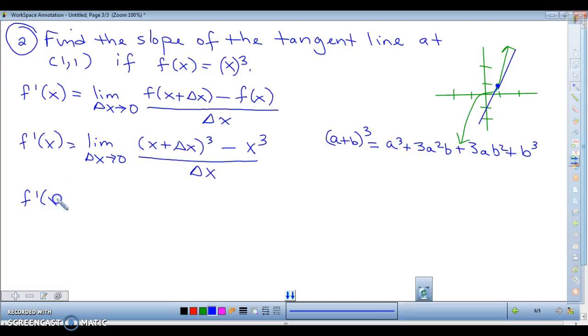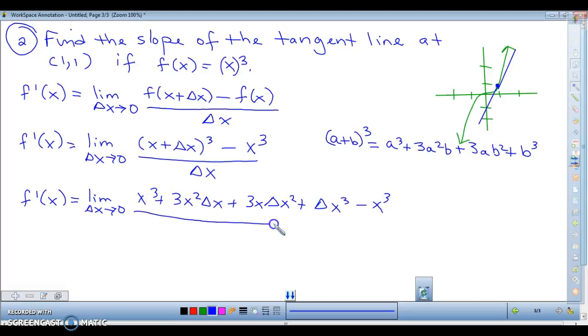So f prime of x is equal to the limit as delta x approaches 0 of x cubed plus 3x squared times delta x plus 3x delta x squared plus delta x cubed minus x cubed, all over delta x.